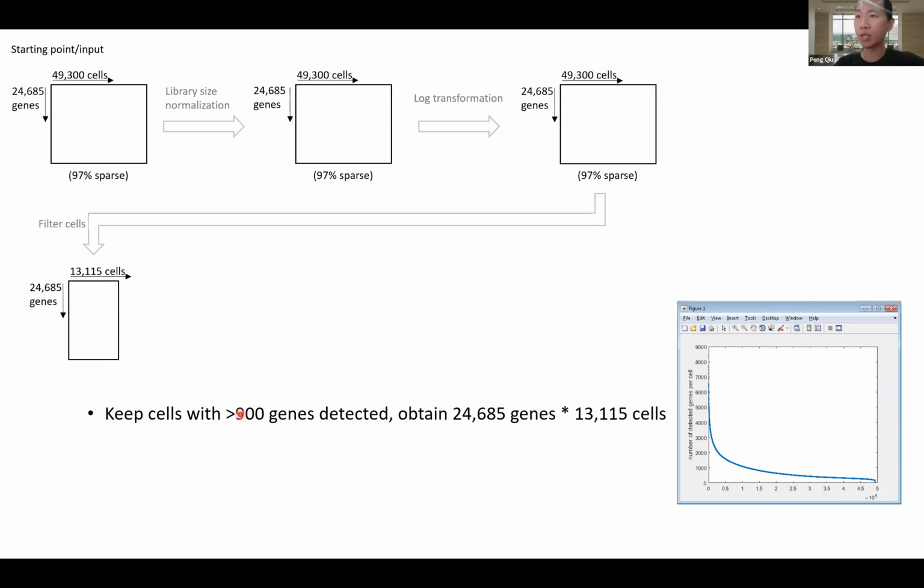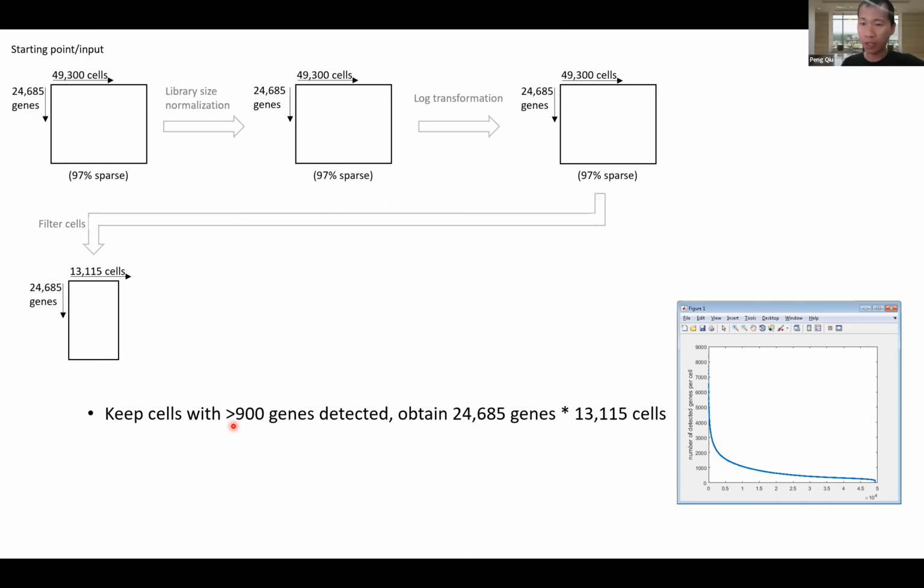And what they did was say that we want to only keep cells that have a sufficiently large number of genes detected, so that those cells likely will contain enough useful information for us to define cell types and cell clusters. So let's focus on those cells first. And the ones that are thrown away, later they will have a method to bring them back. But in terms of defining clusters, they want to use more reliably profiled cells.